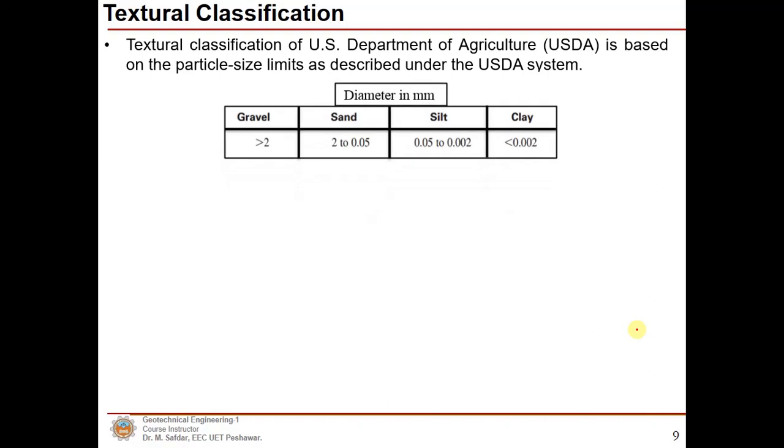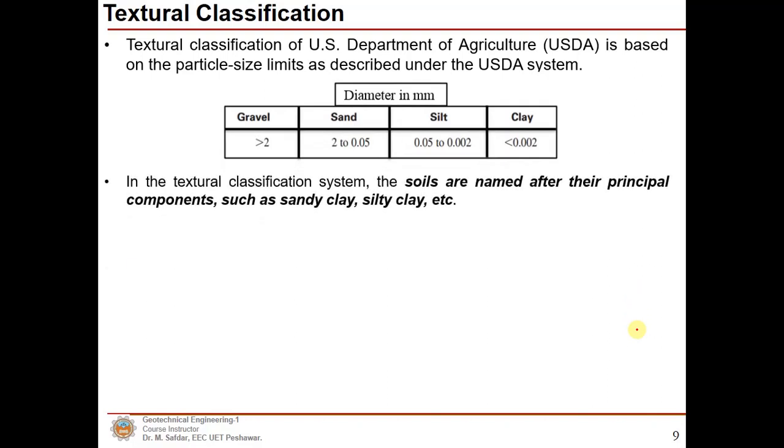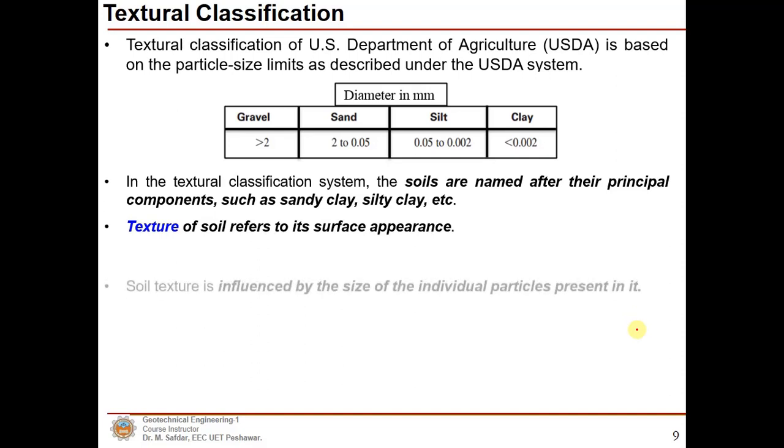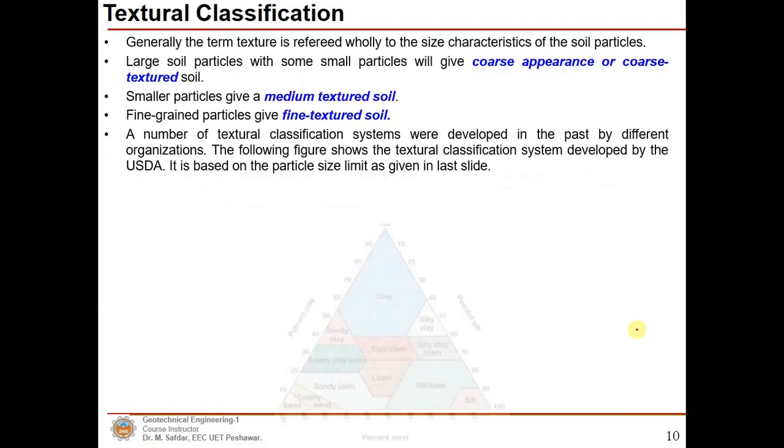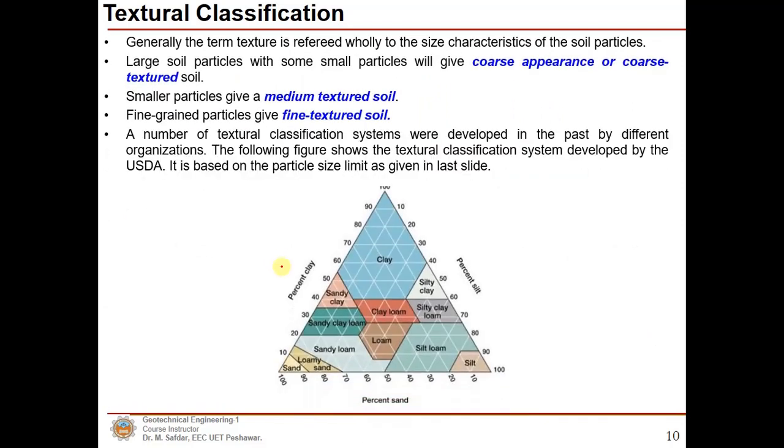Then in our previous lecture, we discussed in detail the US Department of Agriculture soil classification system. We discussed that large size particles give us the coarser appearance or coarse texture, and smaller particles give us the medium texture.